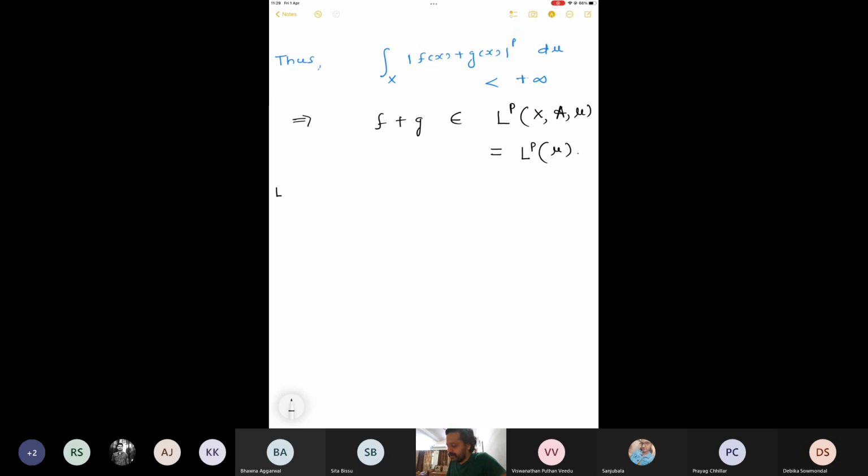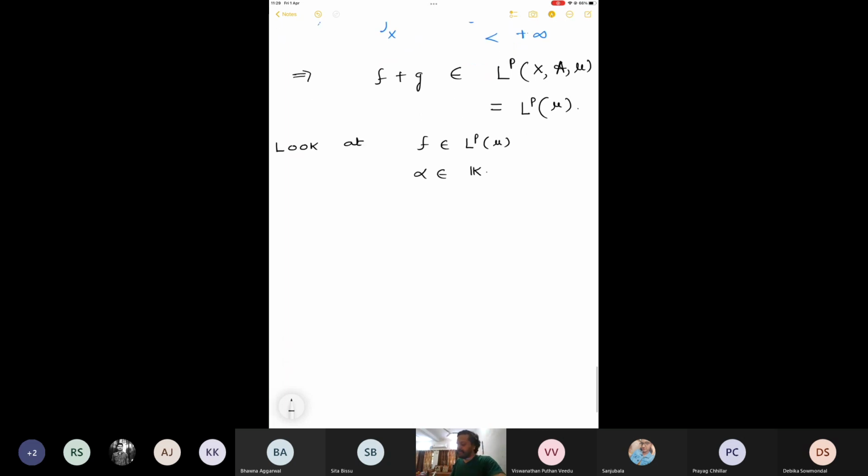Now, look at f in LP mu and alpha a scalar. You can look at integral over x modulus of alpha f of x the whole power p d mu, which is equal to integral over x mod alpha power p mod f of x the whole power p d mu.